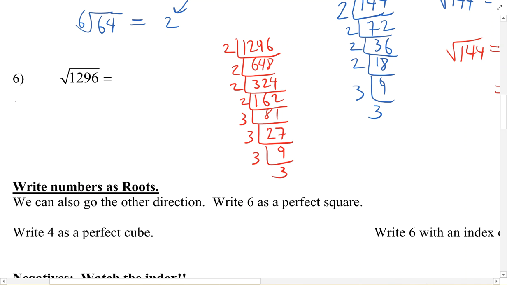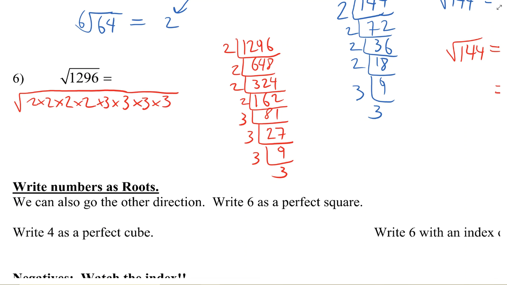So I can rewrite this as square root 2 times 2 times 2 times 2, and 4 of these guys, 3, 3, 3, 3. And so looking for groups of 2, there's a group.